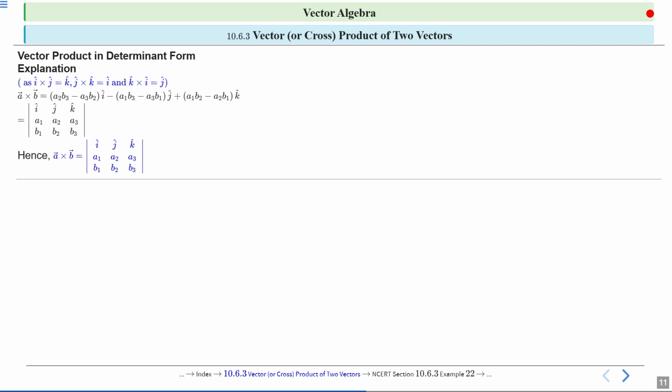Hence a vector cross b vector will be equal to the determinant of i cap, j cap, k cap, a1, a2, a3 and b1, b2, b3, right? So this determinant form is a powerful tool for quickly finding the vector product in vector algebra, right? Okay. So hope it's clear to all till now.